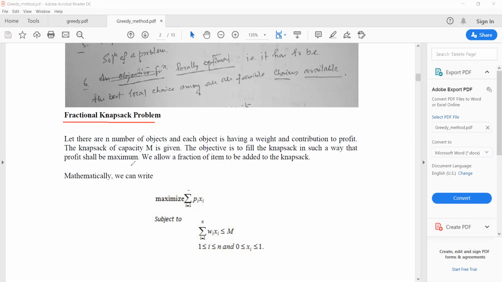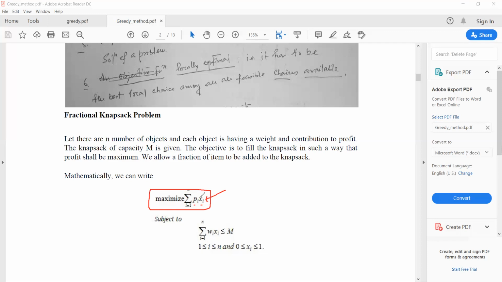So how we can lead so that the profit will be maximum. We will choose a certain amount of weight among the whole set of candidates, xi. Among the set of candidates, with the corresponding profit, xi is a weight and p is a profit.